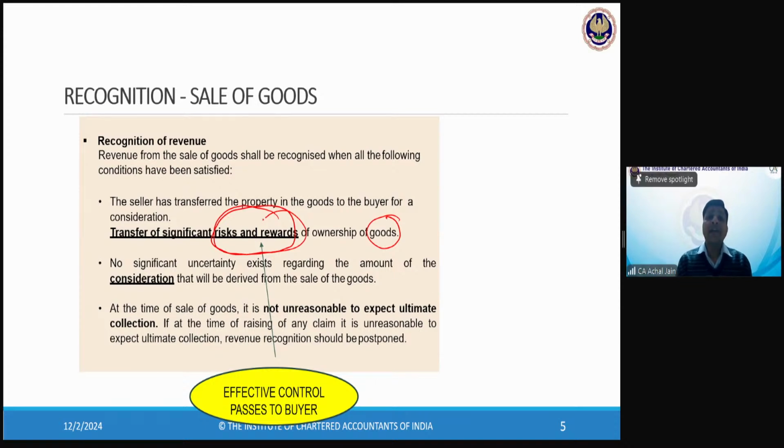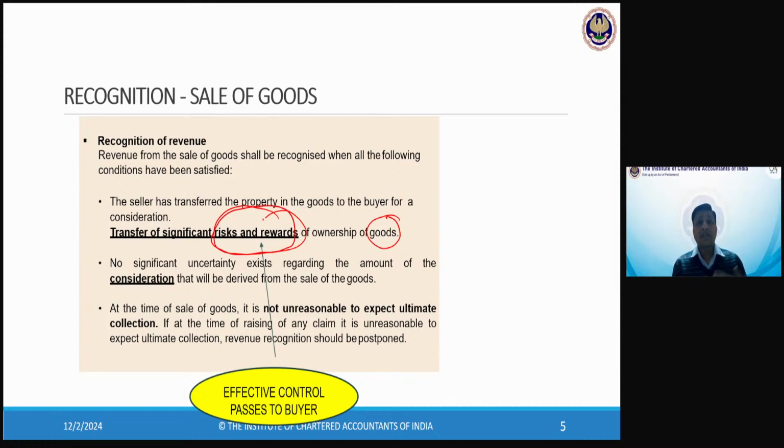Now, what do you mean by transfer of significant risks and rewards to the buyer? Because that may be a question. It means that if tomorrow, let's suppose the seller has sold the goods, moved the goods from his location, and maybe the goods have not reached the location of the buyer.